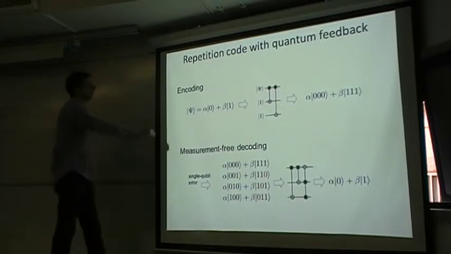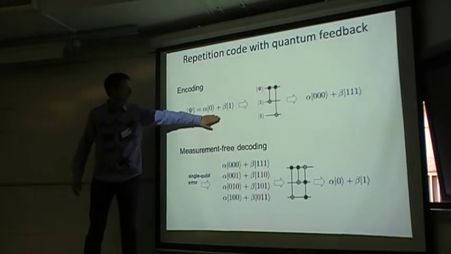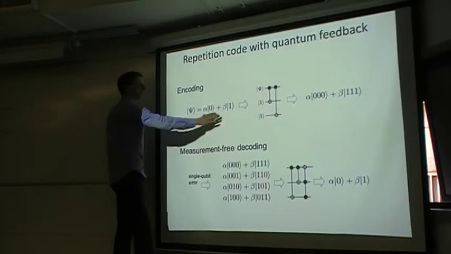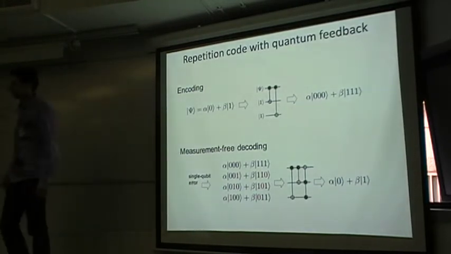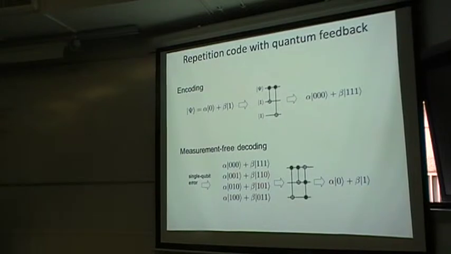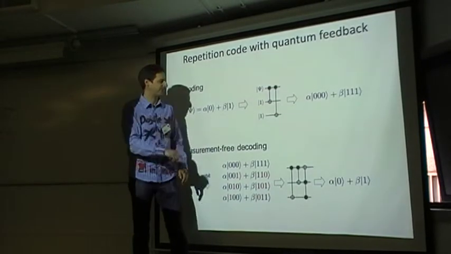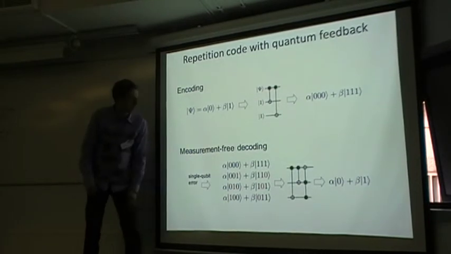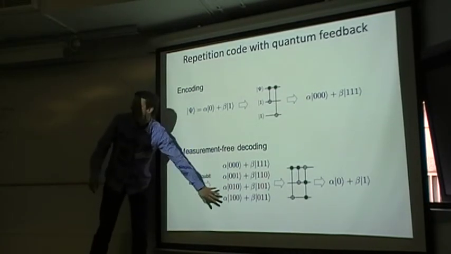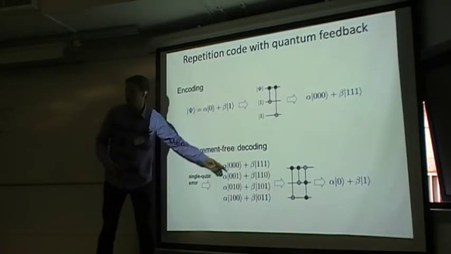Okay, so encoding is, of course, you start with a normal qubit, alpha 0 plus beta 1, and then you distribute this information over 3 qubits, 2 auxiliary qubits, so that you get alpha 000 plus beta 111. And now in this state, what can happen is that one of these qubits flips. Either, for example, the third one, second one, first one. And of course, all of these states are different, but in principle you still have the information there. There's still alpha and beta there.